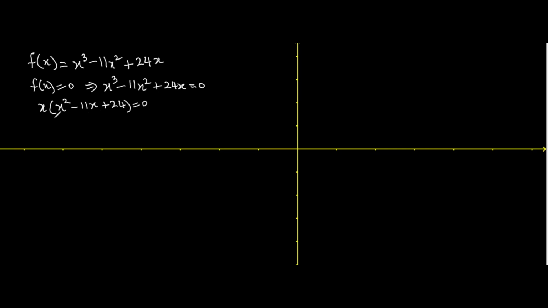So when we separate these two brackets, we are going to have, it's either s equals 0 or s squared minus 11s plus 24 equals 0. Okay, so we obtain this, and now when we factorize the quadratic part, we are going to obtain 2 linear factors.